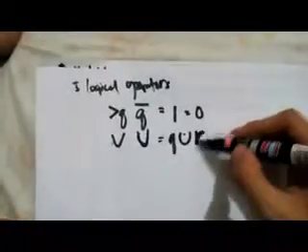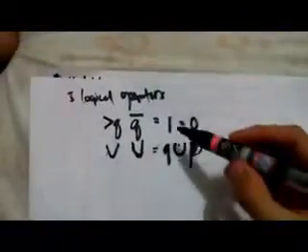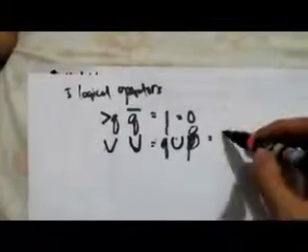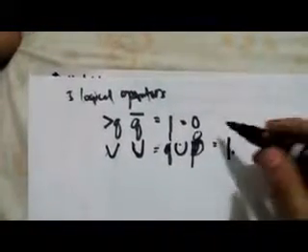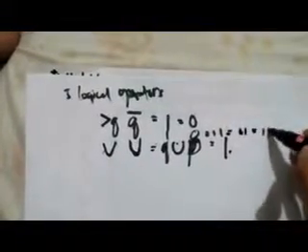Or let's say Q disjunction P. So what we're going to do is, since we're comparing values, if for example Q is 1 and P is 0, it will be 1. Okay, as long as the truth table row has a 1, it will be automatically 1. So even if it's 1 1 or 0 1 or 1 0, that will always be 1. The only time that it gets to be 0 is when it's all 0.